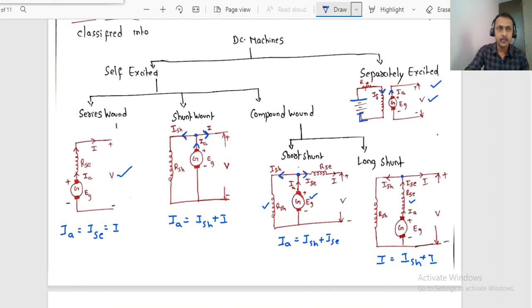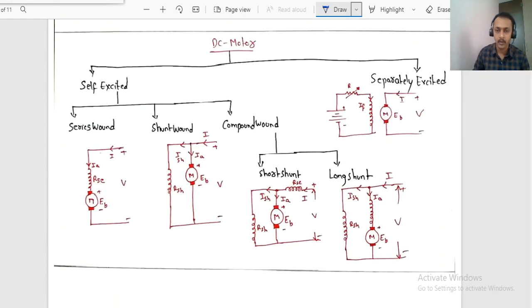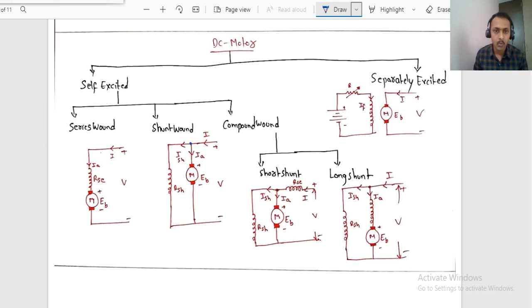Now, similarly, with respect to the DC motor, of course, you know the purpose of the motor, which converts electrical energy into mechanical energy. It takes electrical input as voltage or current. We apply the voltage to the motor.